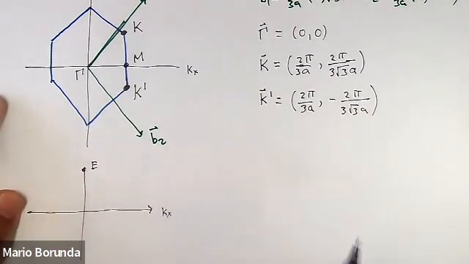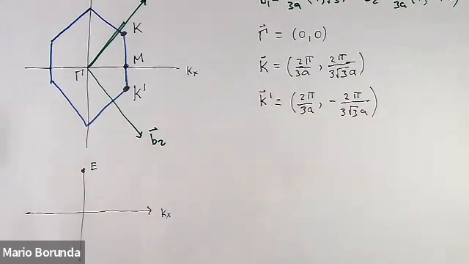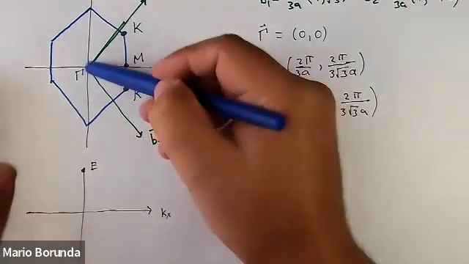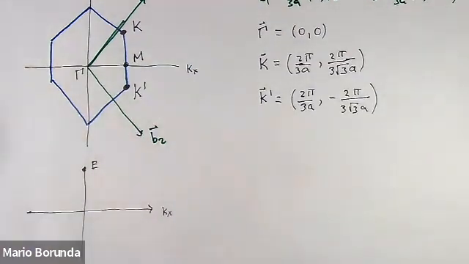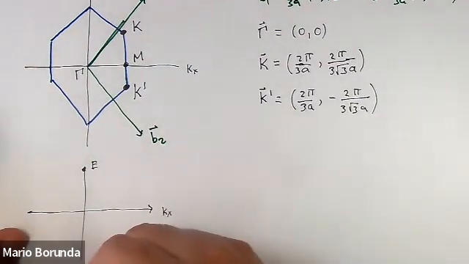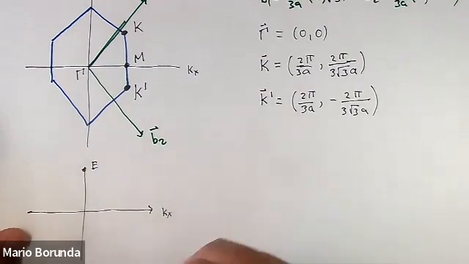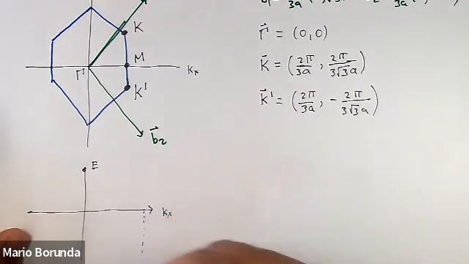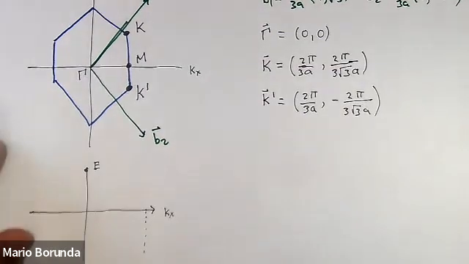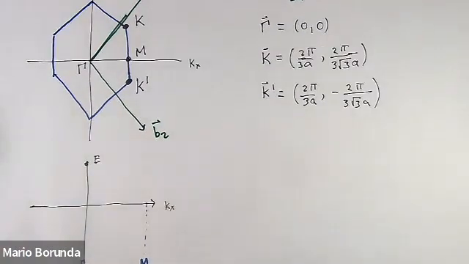This is Kx. Okay? So we're taking this route from here to here. So this is at the gamma point, and this right here is going to be the M point in this system.